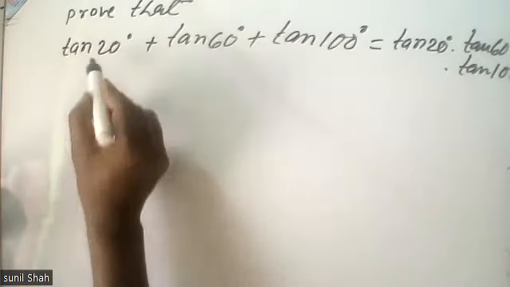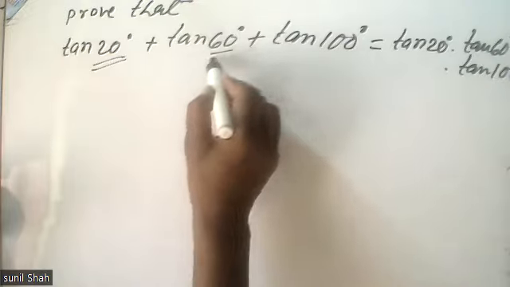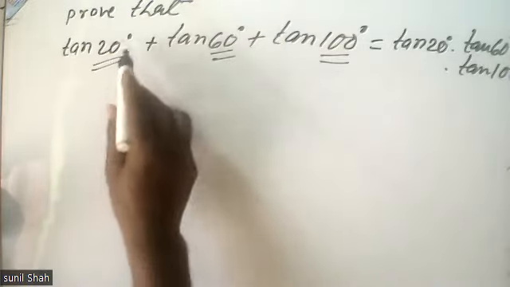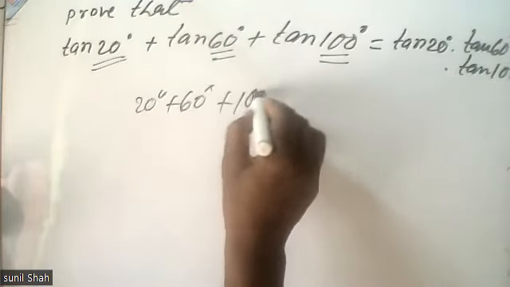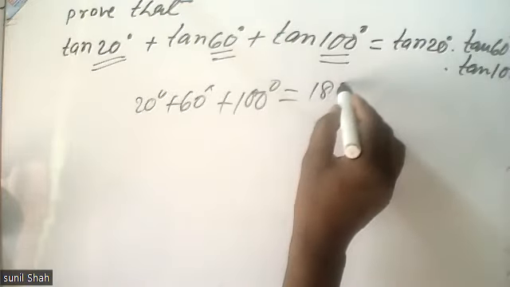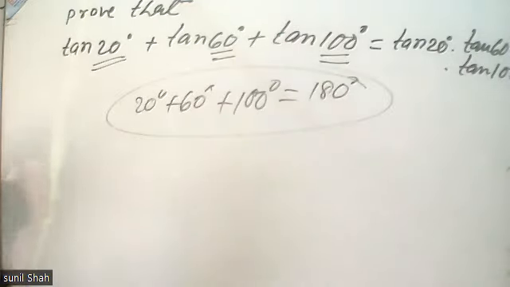In this case, A plus B plus C is 180, not given. This is not given, but this is 180. 20 plus 60 plus 100, if you check that, this will be 180 degrees. So this is not mentioned.